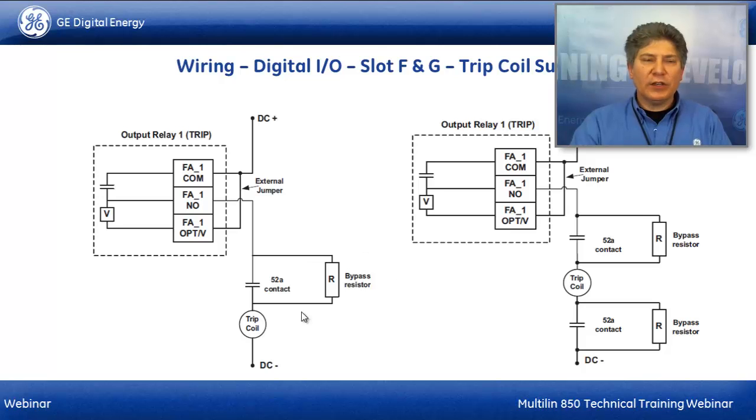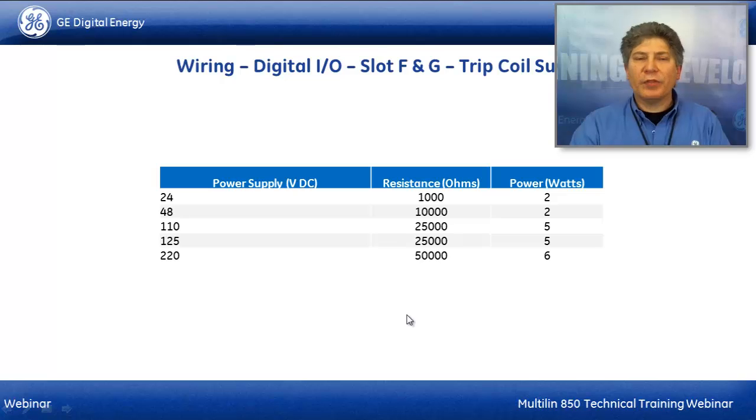So one of the things that we can do, even when the 52A is open, is put a bypass resistor in here so that this is active even when the 52A is open. So we can verify the connection between the relay itself and the trip coil. We have a table here that indicates, depending on what your power supply is, the size of the resistor and the power rating on that resistor as well.